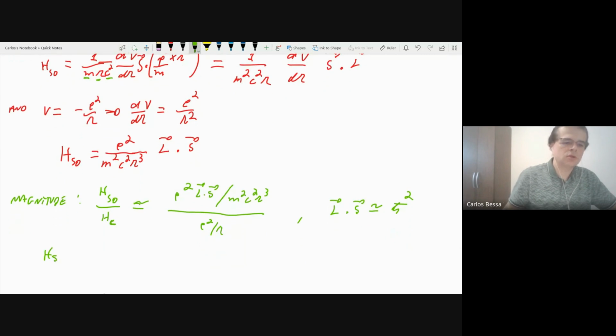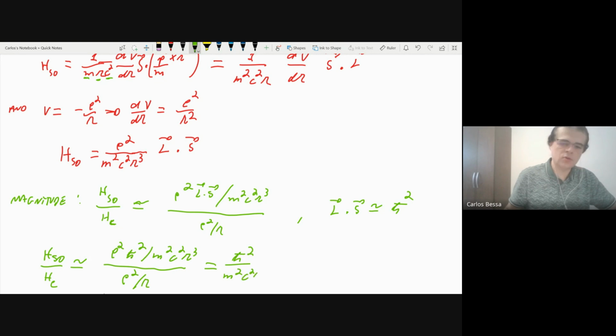So this term is about e squared h bar squared over m squared c squared r cubed, and the Coulomb term is about e squared over r.